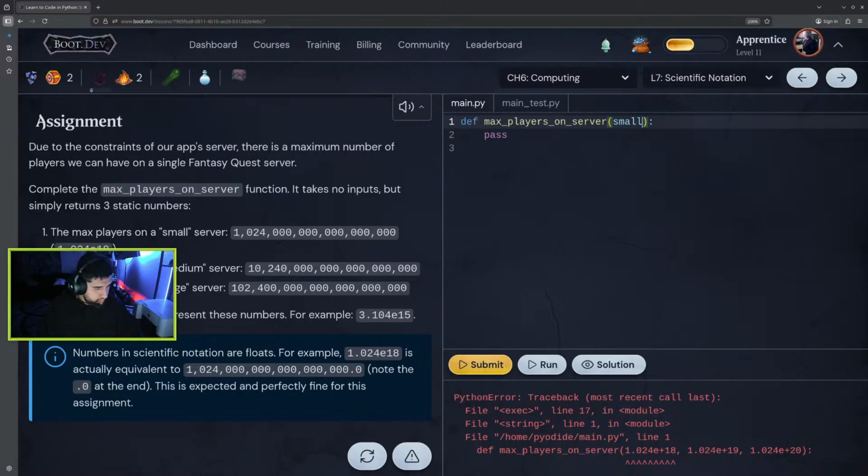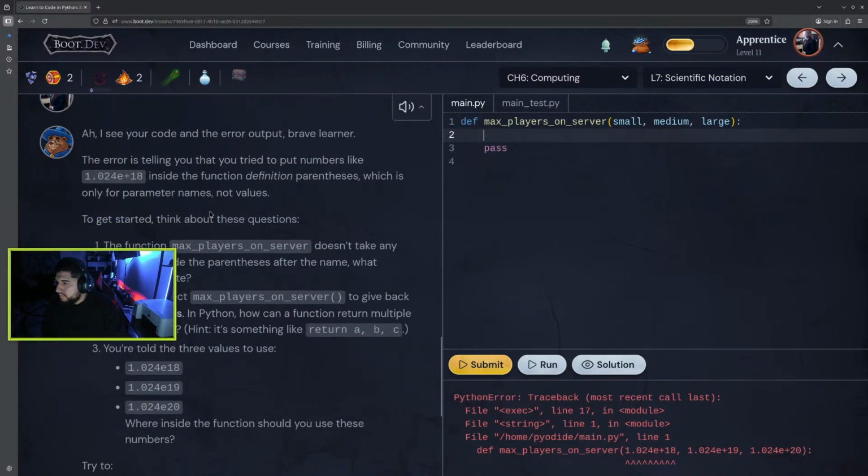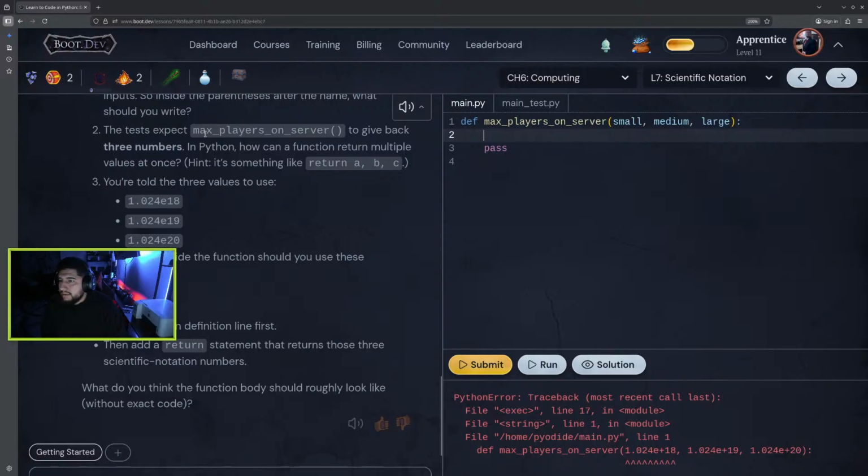Small, space, medium, and then, let's see, large. Alright. So these are the server sizes. Then to the test, expect max players on the server.